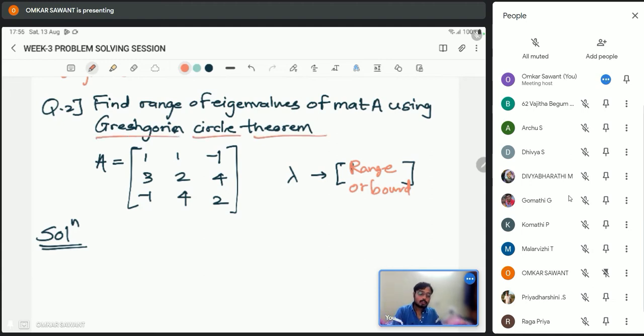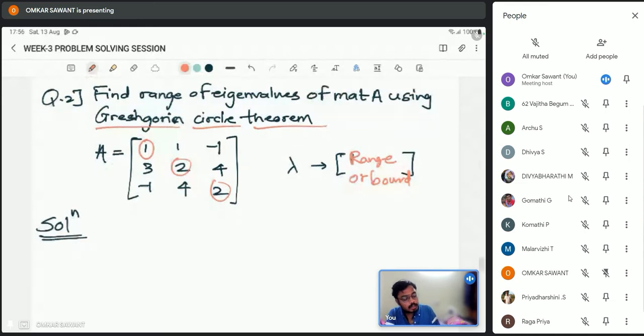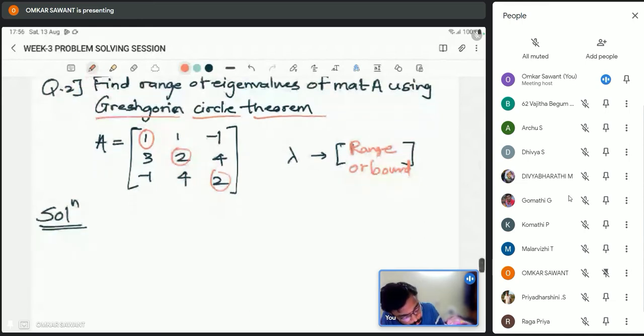So what are our diagonal elements? The diagonal elements are these, right? According to the Gershgorin theorem, the radius of the circle will be the sum of the magnitudes, or absolute values, of the off-diagonal elements.